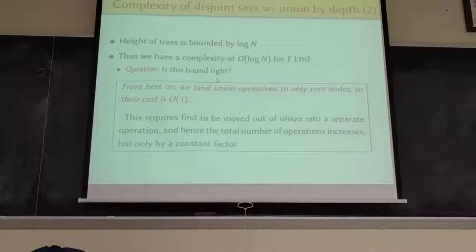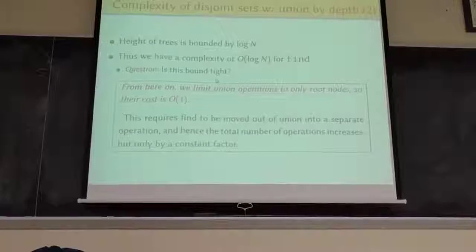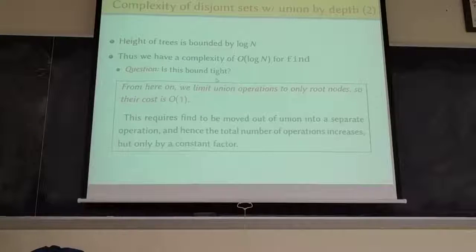So what we are working towards is a way to do a more tight analysis, but we are going to get there in steps, right? So this is one step, and so you are right, because in this case, all we are saying is the worst case for any individual operation is log n, therefore the worst case for the n operations is n log n, and we aren't being really clever about that in any way, right?